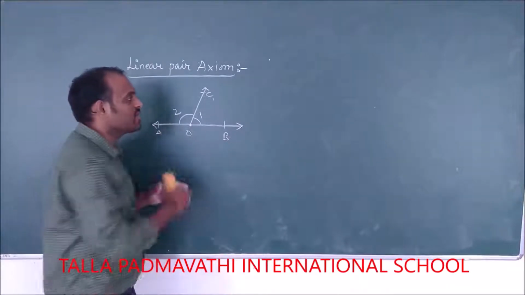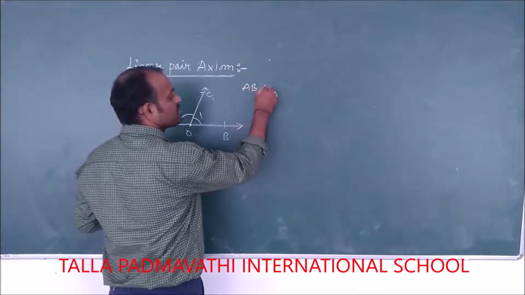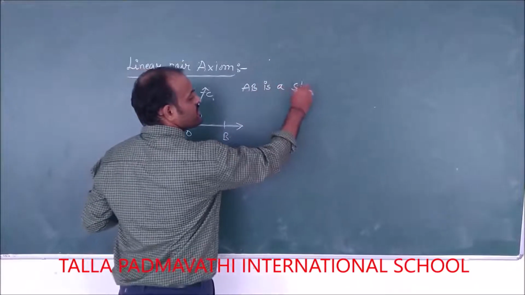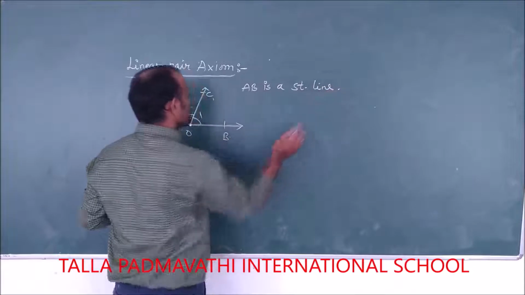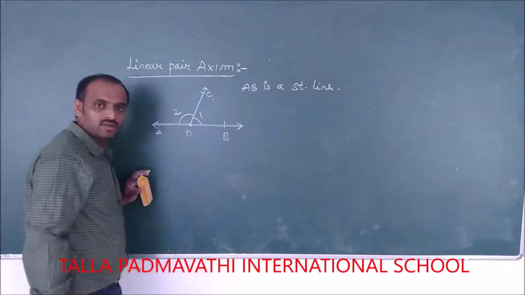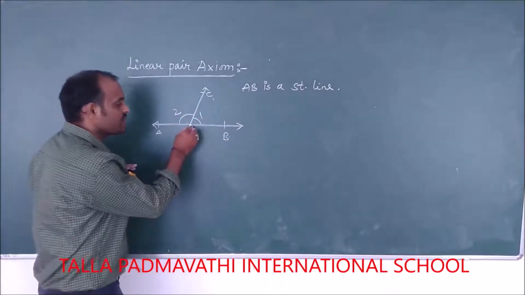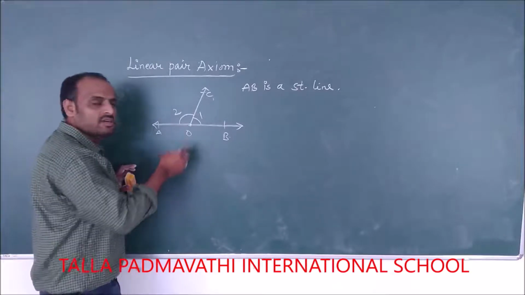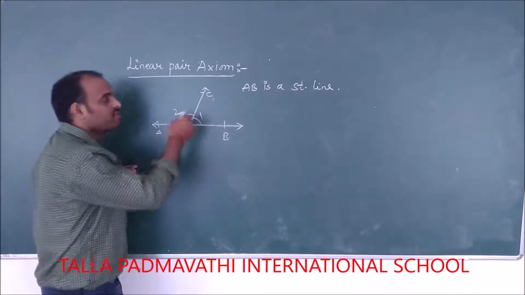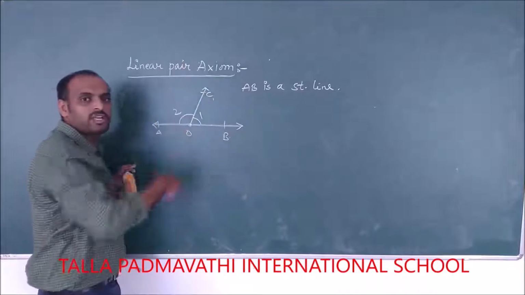As we know, AB is a straight line. OC is the ray, because at one point it has an end point, whereas on the other side it is extended up to any length.